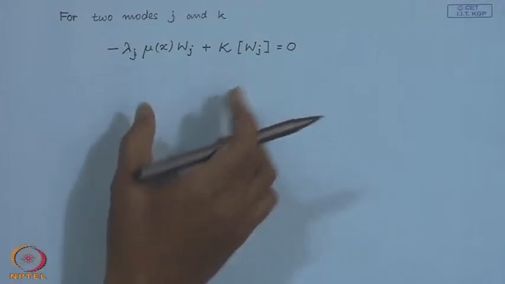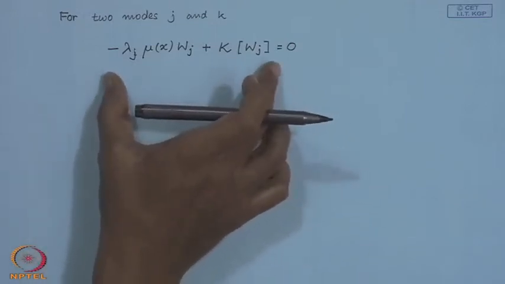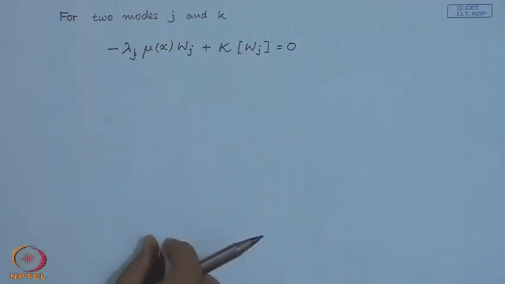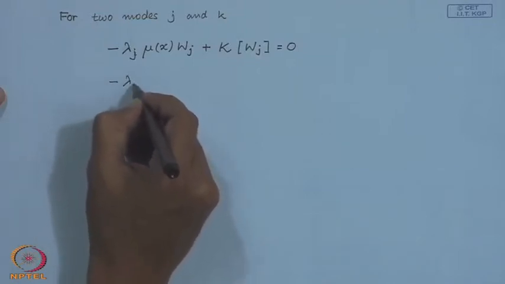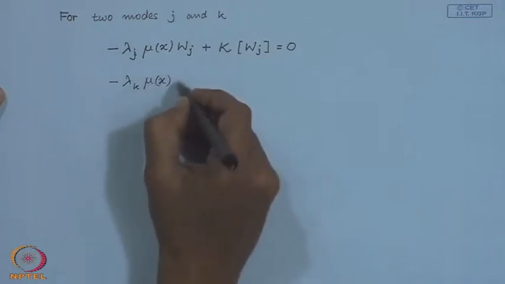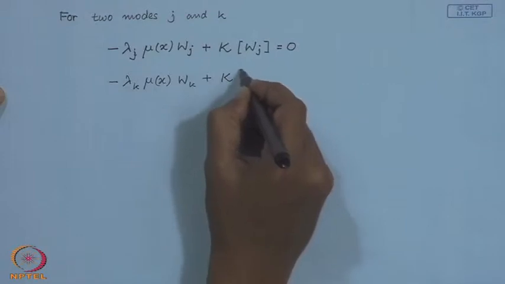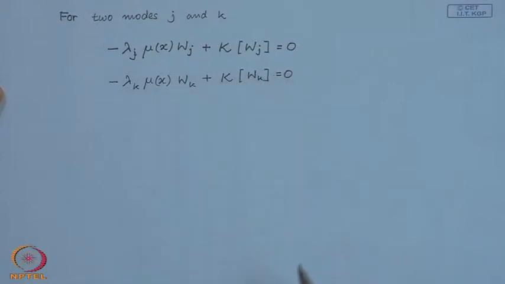So, for the jth mode, let us say, we can write the differential equation of the eigenvalue problem like this, while for the kth mode, the differential equation becomes this.